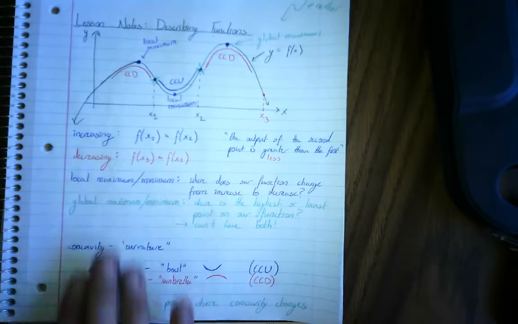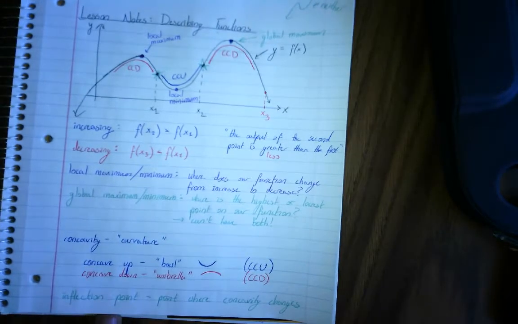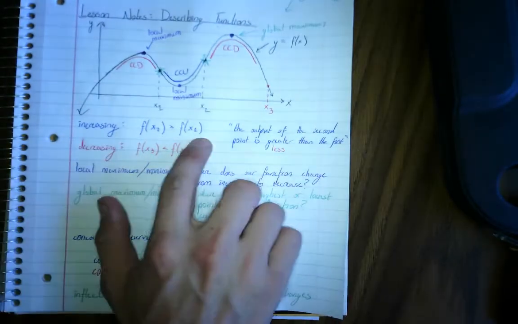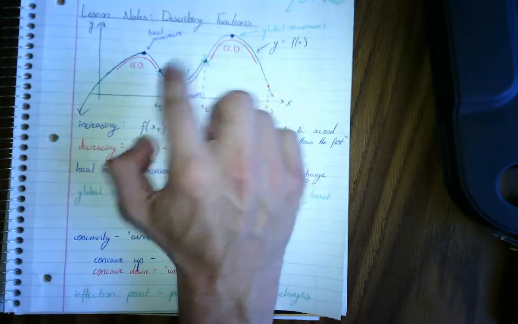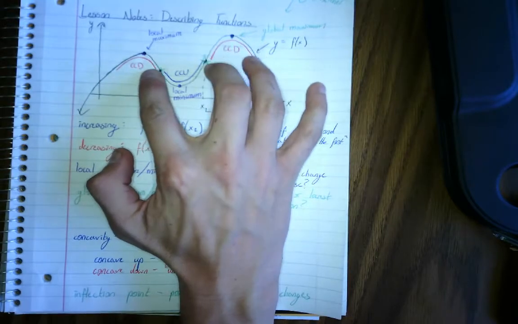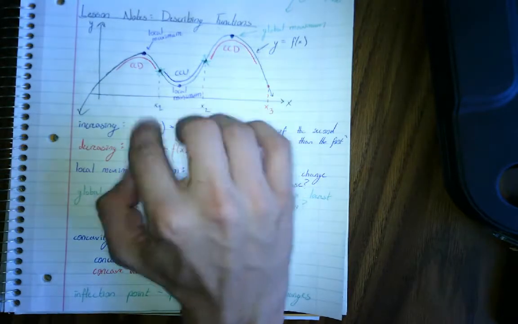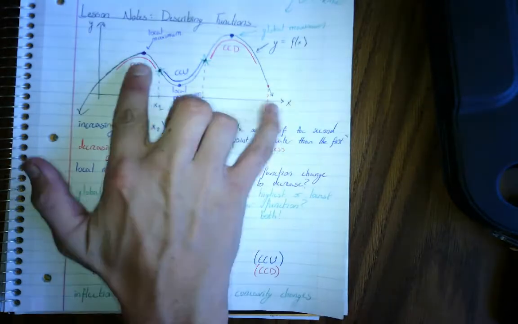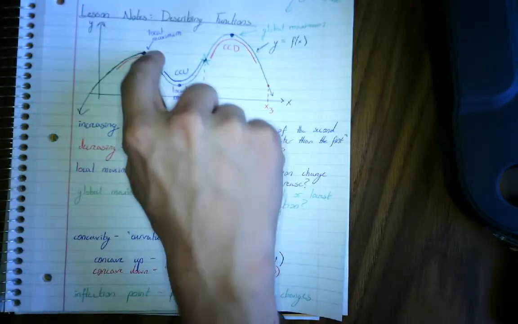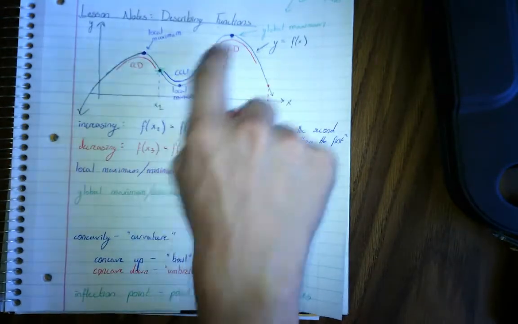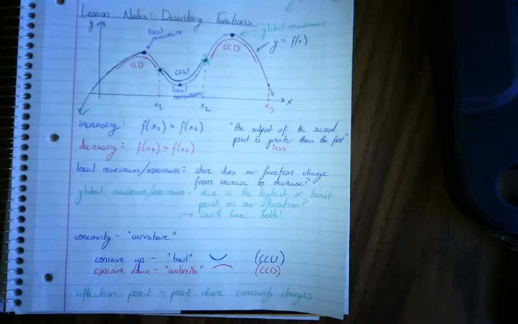You have quite a few vocab words to kind of get familiar with. We have an increasing function being the place where overall you are increasing your points. Your points or the outputs are increasing. Decreasing is the opposite. We have our local maximum and minimum, so all our maximum and minimum points, or the turning points.